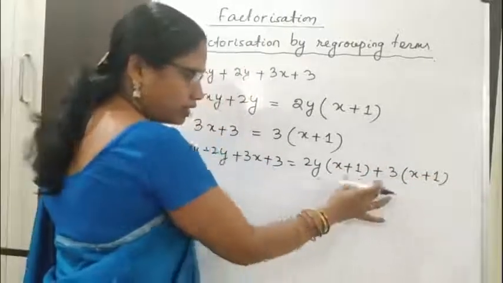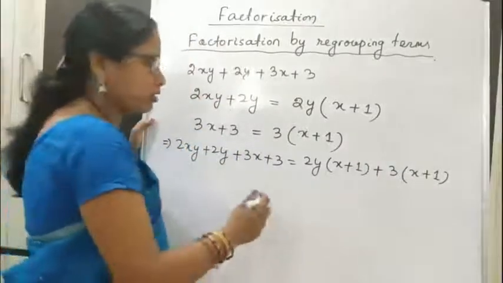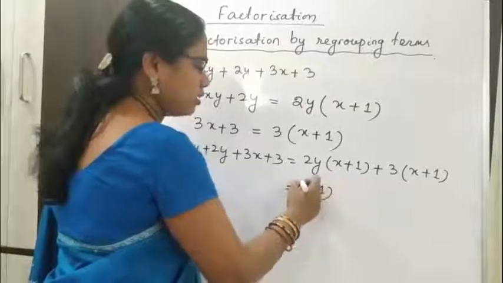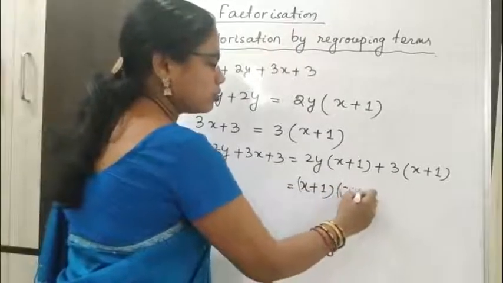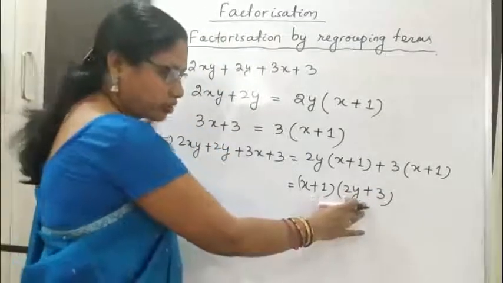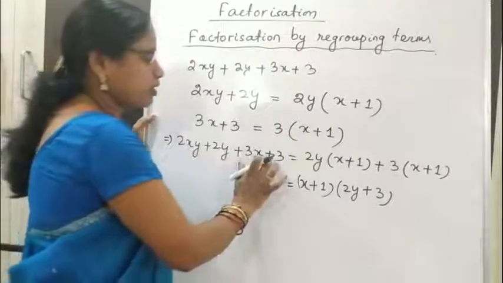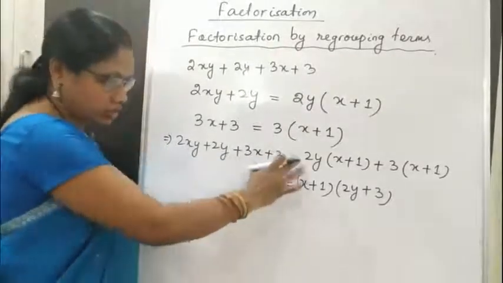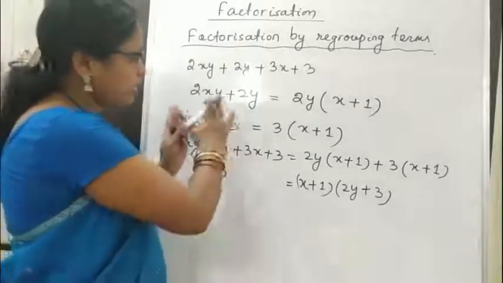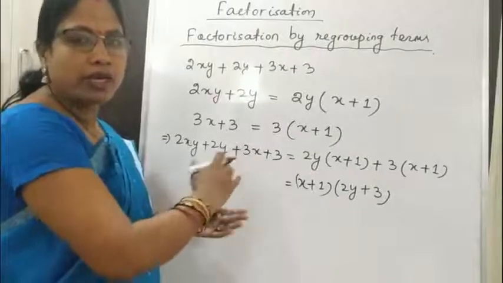Now in these two terms x plus 1 is the common factor, so it can be written as x plus 1 whole into 2y plus 3. This is the irreducible form of 2xy plus 2y plus 3x plus 3. This is the required factorization. In this way we can factorize by separating the terms, also called grouping the terms.